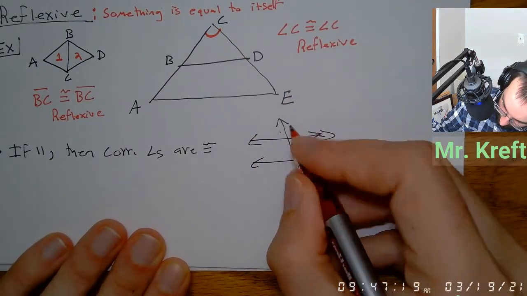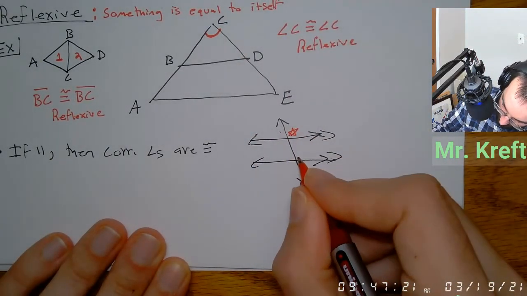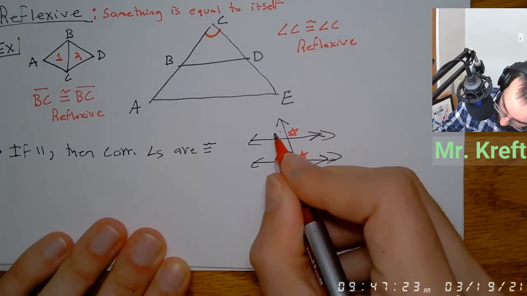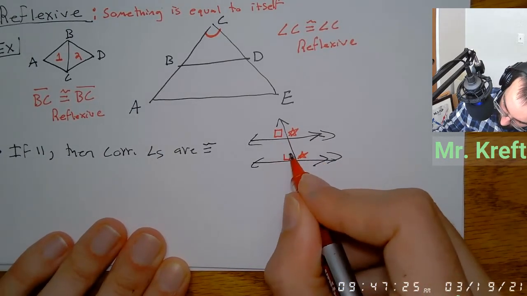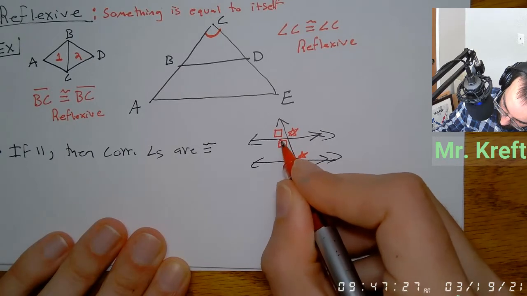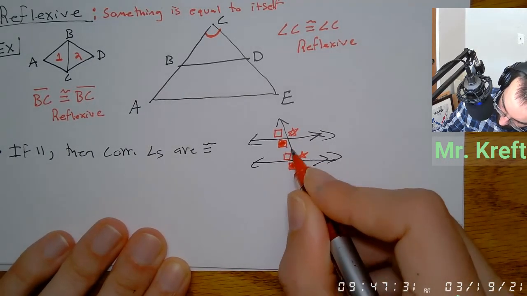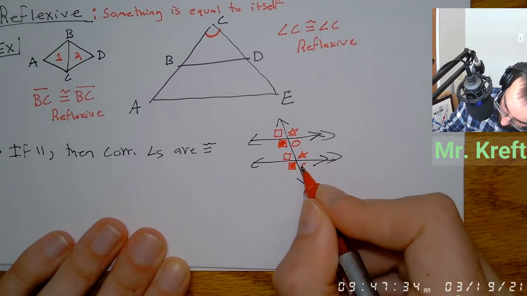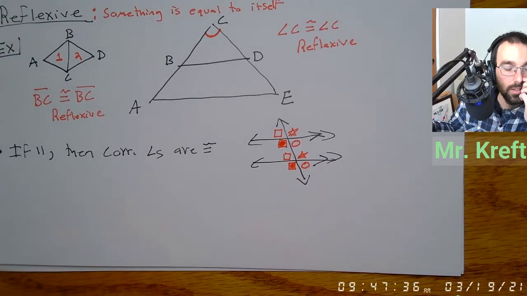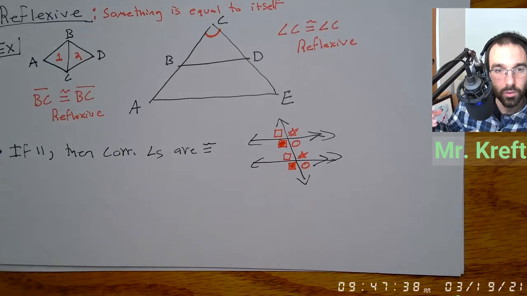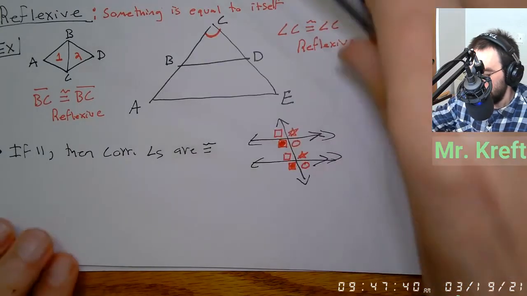So corresponding would be like the upper right with the upper right, the upper left with the upper left, the lower left, I'm just going to do a shaded box, with the lower left, and then the lower right with the lower right. Okay, so corresponding is a spatial property.